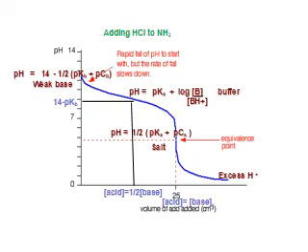At the midpoint of this buffer region, the molar concentration of ammonium is equal to the molar concentration of ammonia, and so the pH at this point is equal to the pKa, or pH is equal to 14 minus pKb.